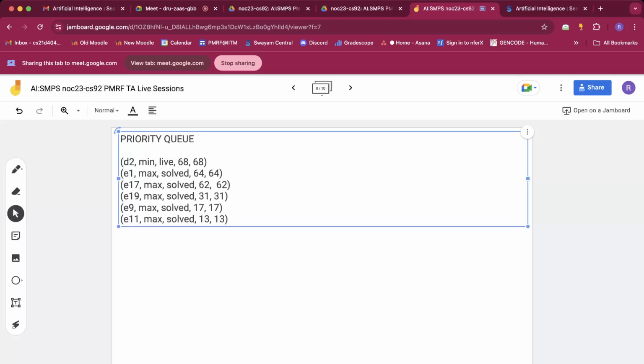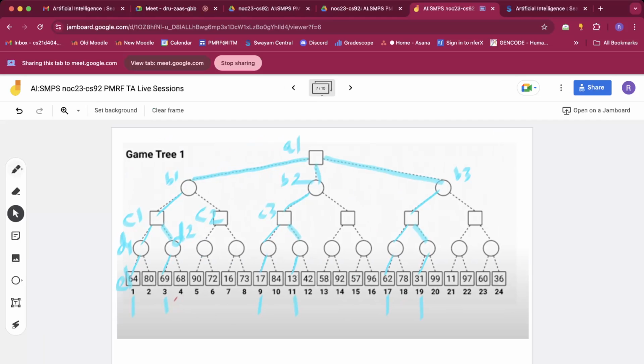It is not live, it will be solved because all its children are solved. Its bound will be 68. We can leave this empty, or we can say that this is 68 and 68 as well.